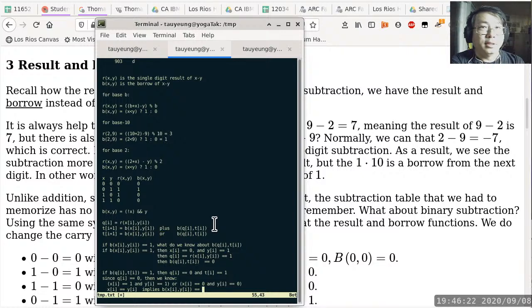Okay, very good. Yeah, so this is actually a very similar argument that we did in binary addition, because in binary addition we also have a similar situation where we have the carry of xi, yi and the carry of qi and ki, remember?